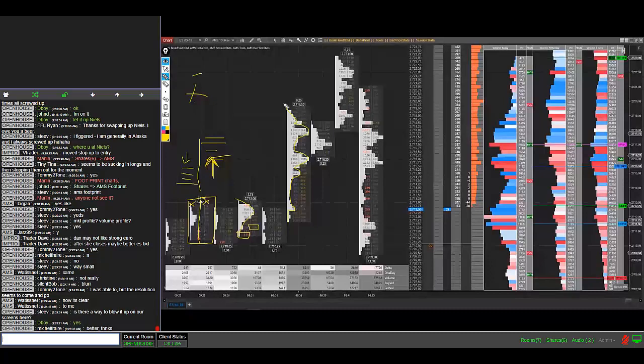You can see the yellow profile that I drew, right? So that means that this point here is a little LVN. LVN means low volume area, as opposed to an HVN, a high volume area, like this price.